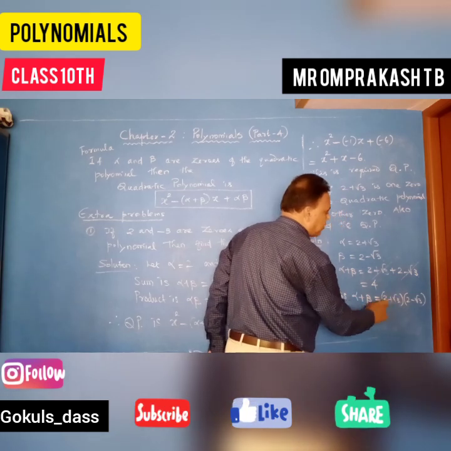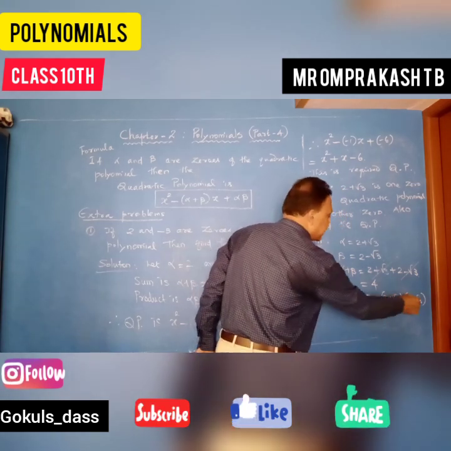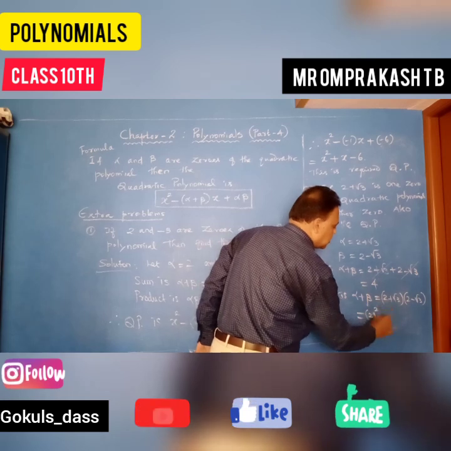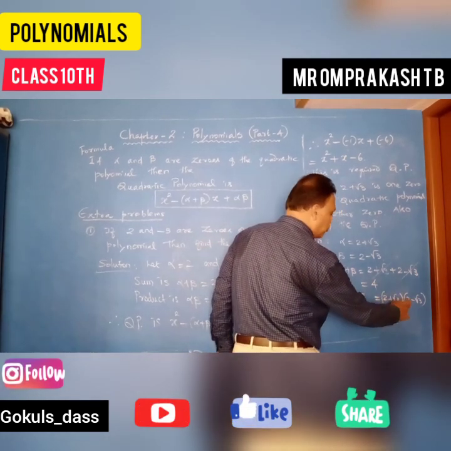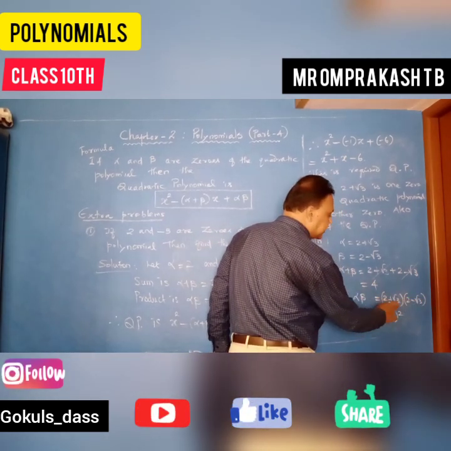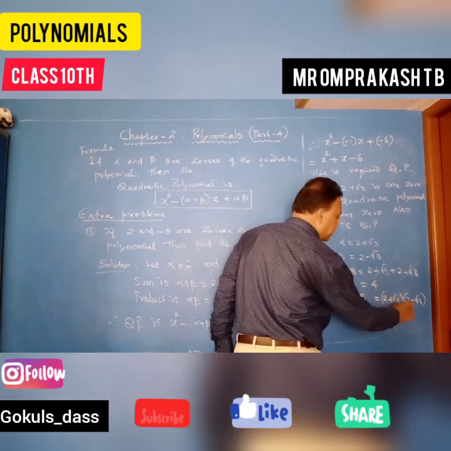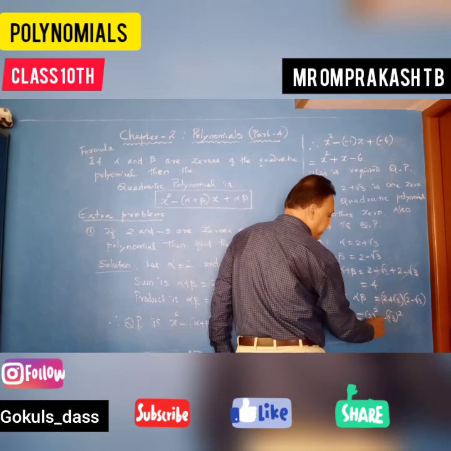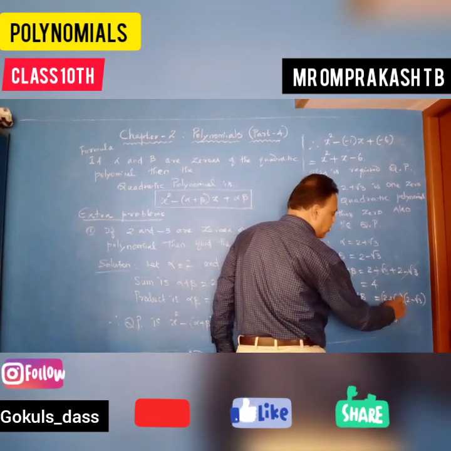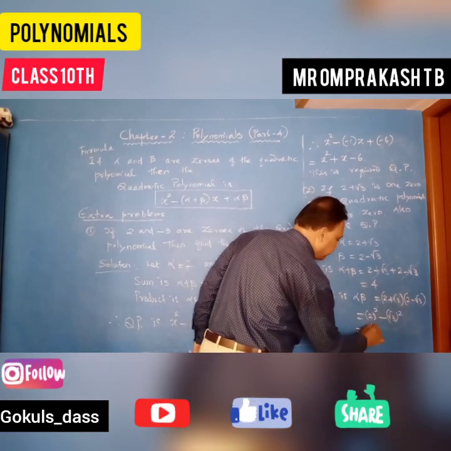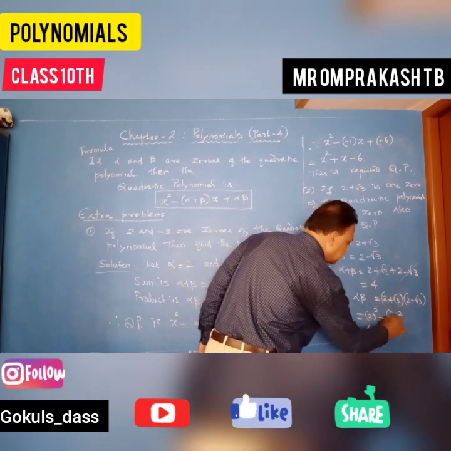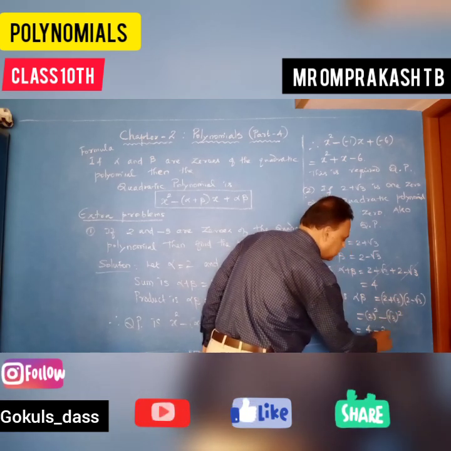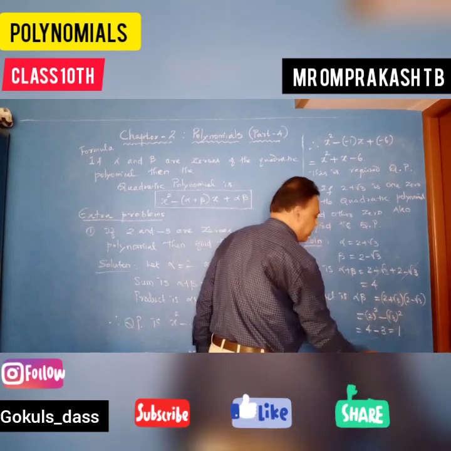This is in the form (a plus b) into (a minus b), so a squared minus b squared: 2 squared minus (root 3) whole squared. Now simplify: 4 minus 3, since root 3 squared is 3. So that is equal to 1.